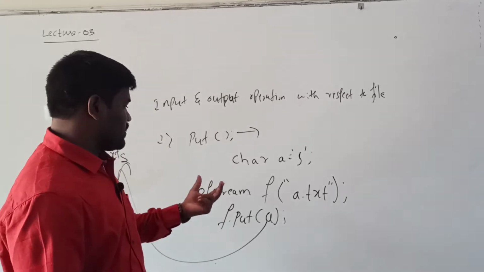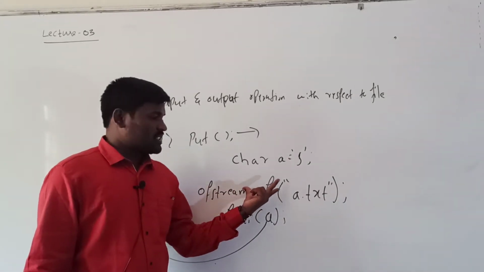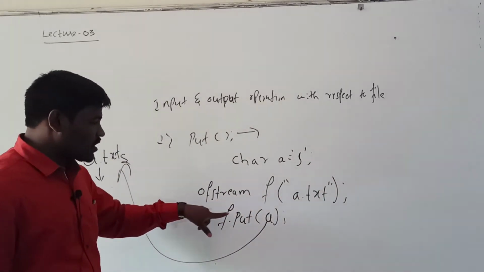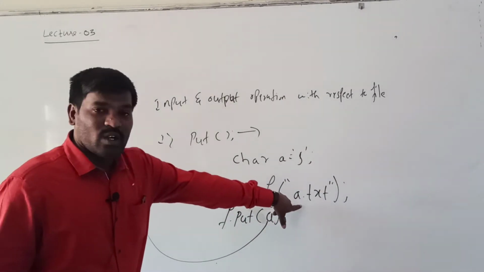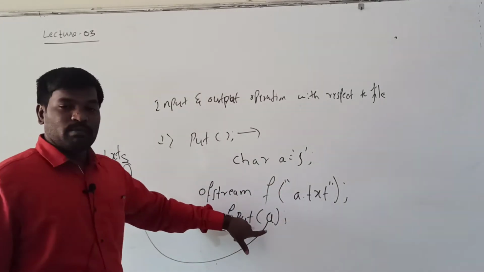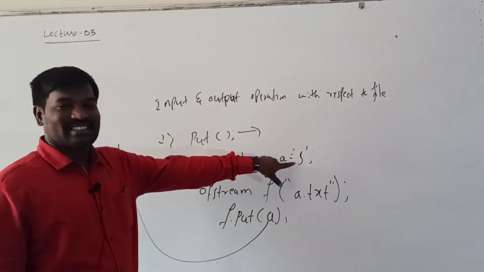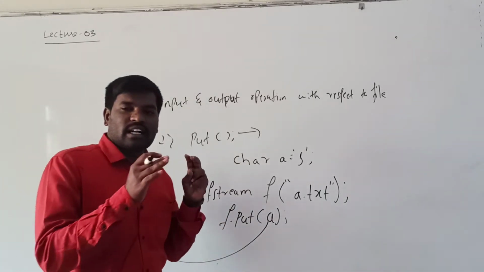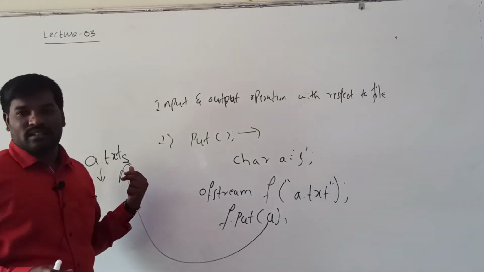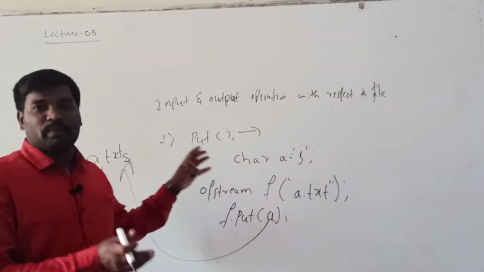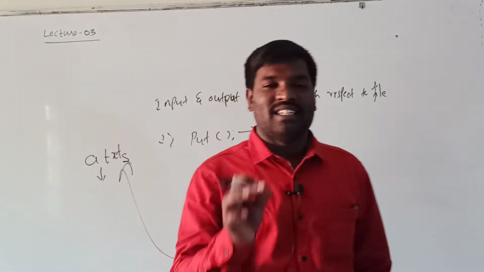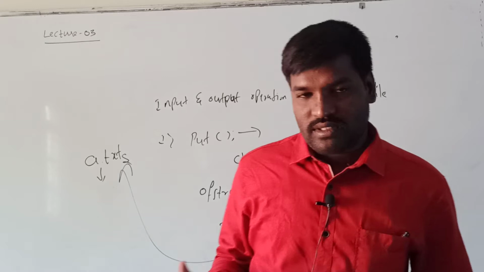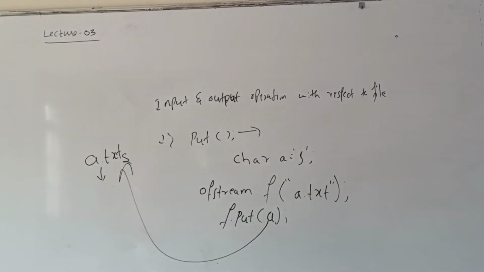So we create the ofstream object with the file name in brackets, and f dot put of a writes the value, that is 's', into a.txt. Here the output will be in the file. After executing the program, you can open a.txt and that file consists of 's'. So this is the put function.